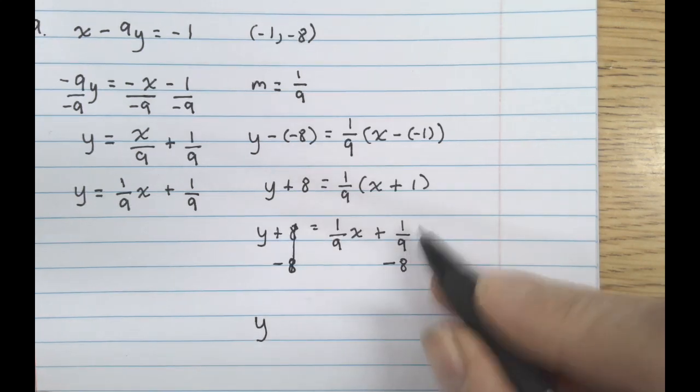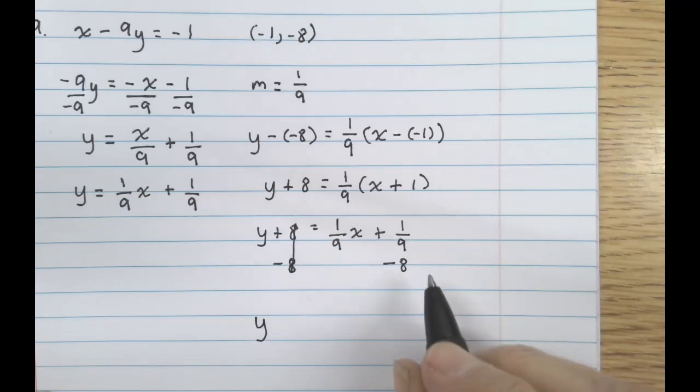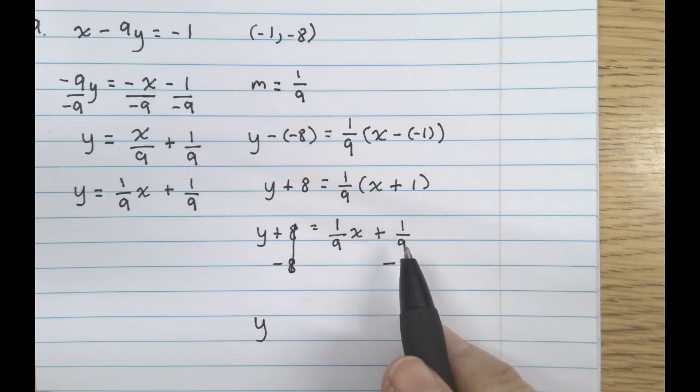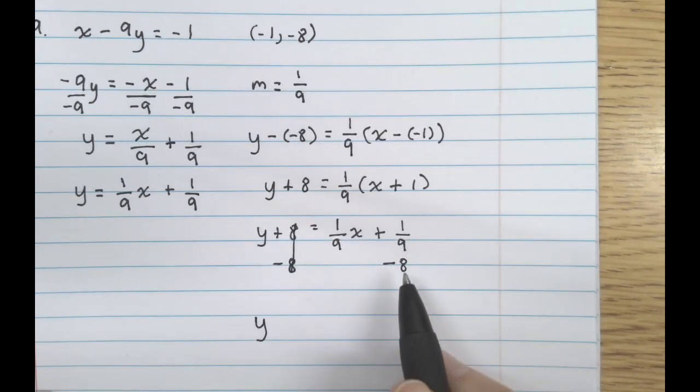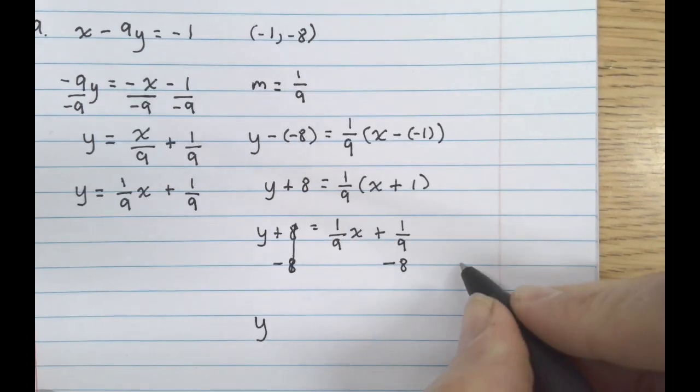Here's where we've got to do some fractioning. And I think the easiest way to do it is just to think, okay, what number divided by 9 equals 8? What number divided by 9 equals 8? And it is 72.